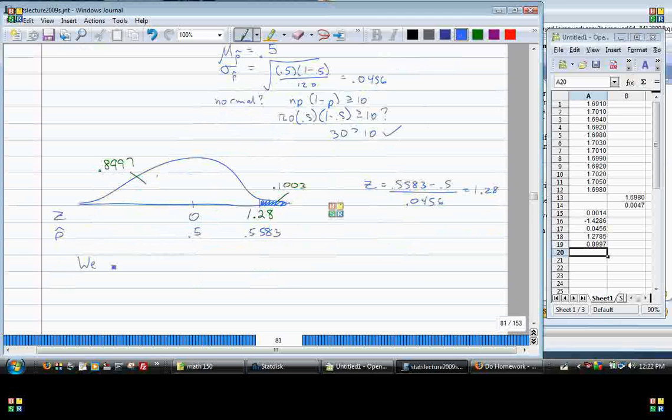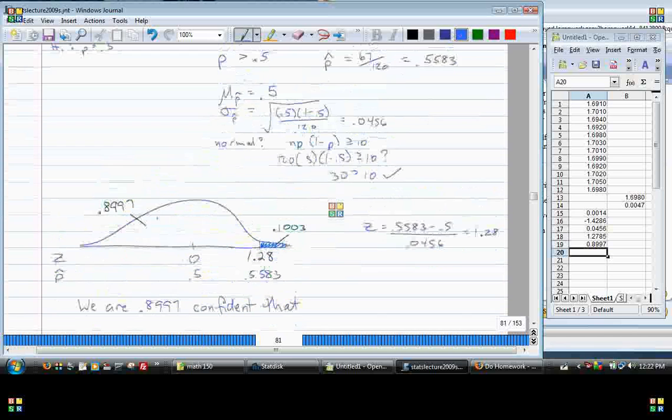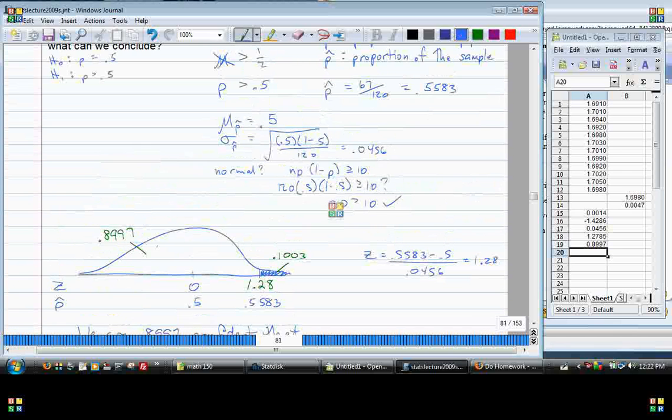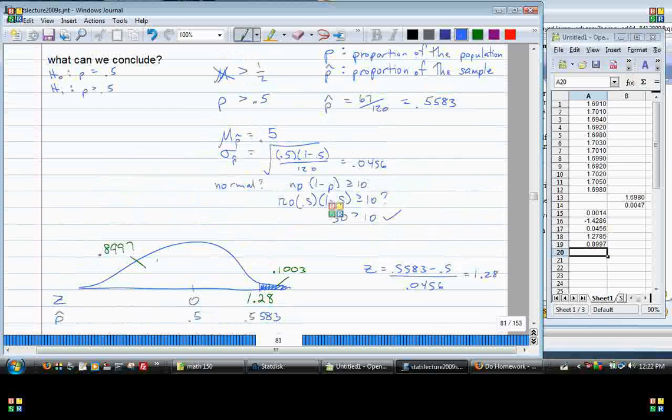We are 0.8997 confident that, right, H1, and what does H1 say?